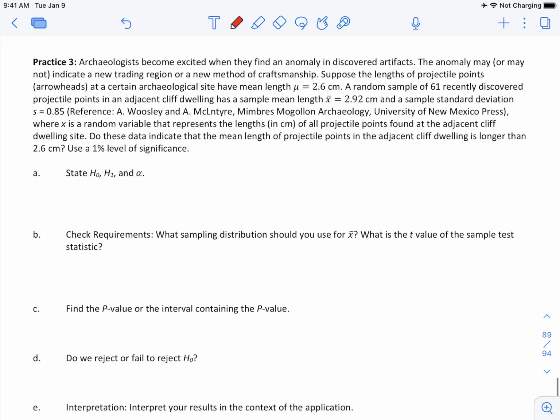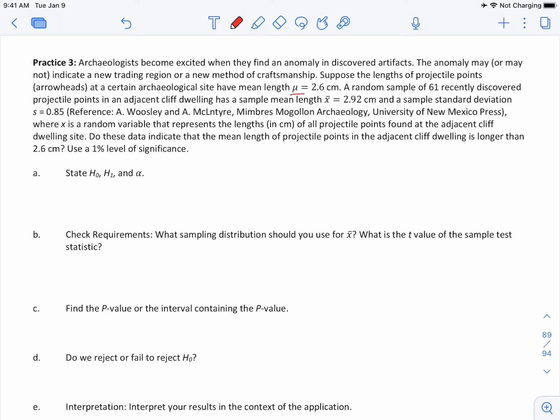All right, practice 3. Archaeologists become excited when they find an anomaly in discovering artifacts. The anomaly may or may not indicate a new trading region or a new method of craftsmanship. Suppose the lengths of projectile points or arrowheads at a certain archaeological site have a mean length mu equals 2.6 centimeters.